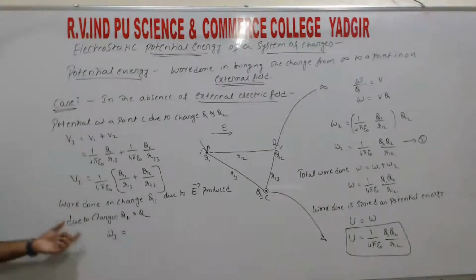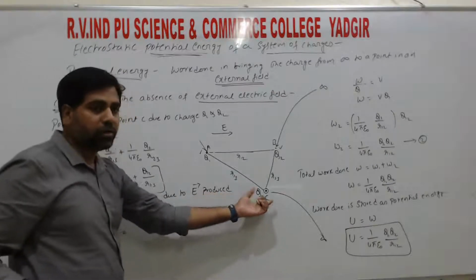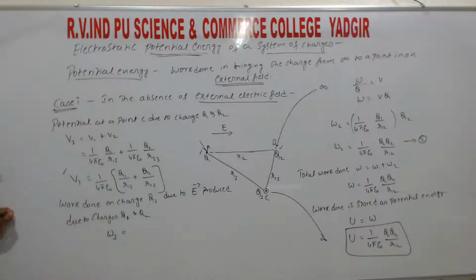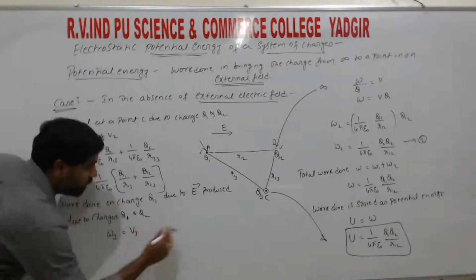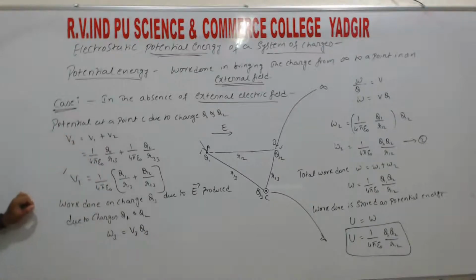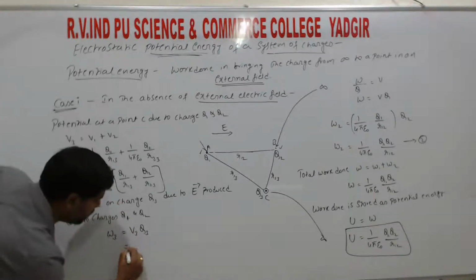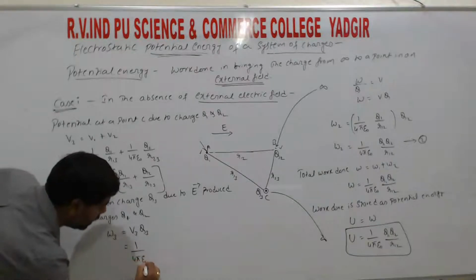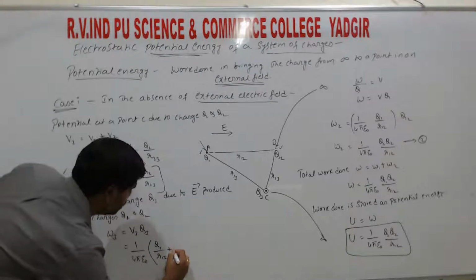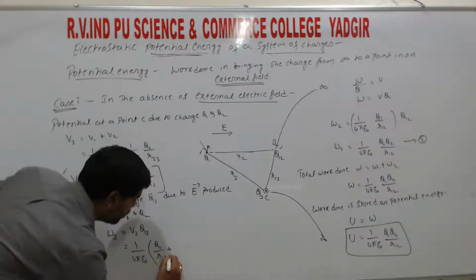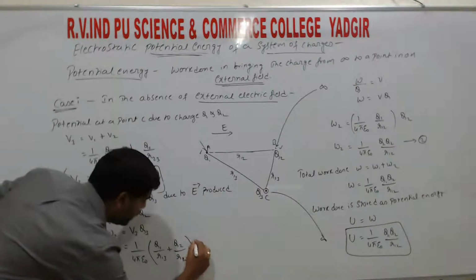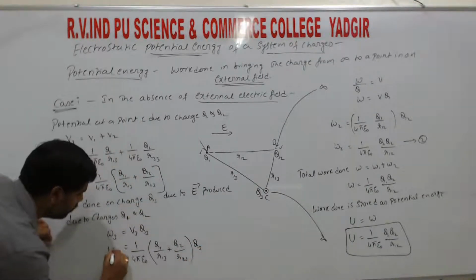So that work done is W3. W3 is the work done on this charge due to the potential of charge 1 and 2. We take that potential as V3 and the charge is Q3, right? So V3 is 1 by 4 pi epsilon naught, Q1 by R13 plus Q2 by R23, into Q3.